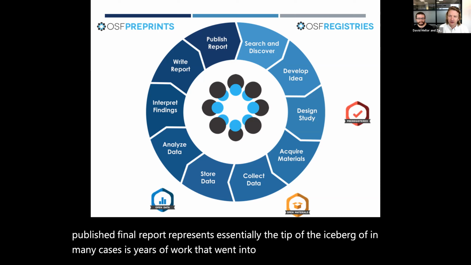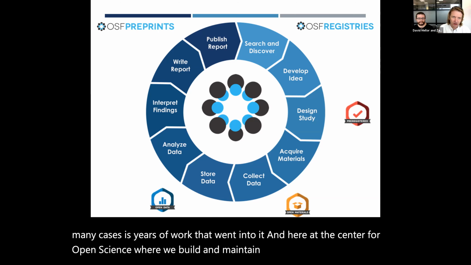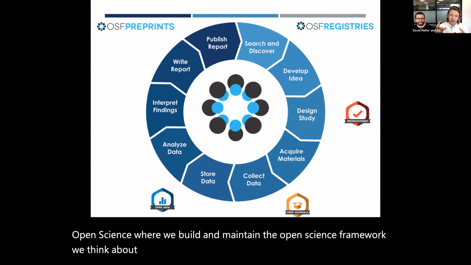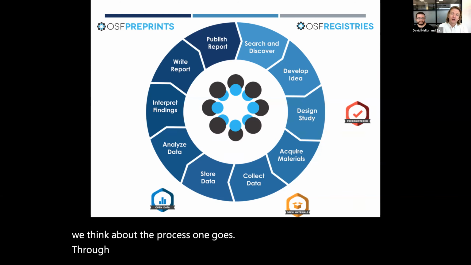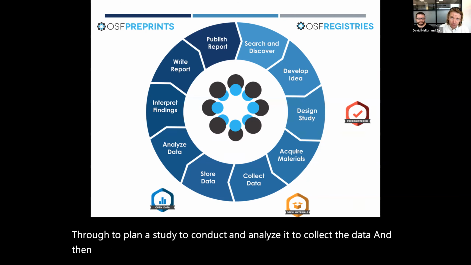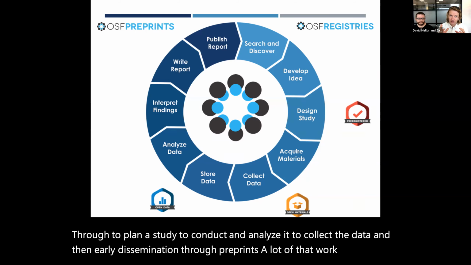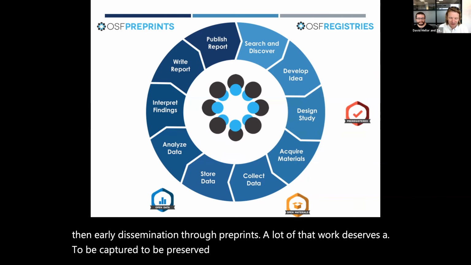And here at the Center for Open Science, where we build and maintain the open science framework, we think about the process one goes through to plan a study, to conduct and analyze it, to collect the data, and then early dissemination through preprints. A lot of that work deserves to be captured, to be preserved, and the OSF is really designed for that purpose.